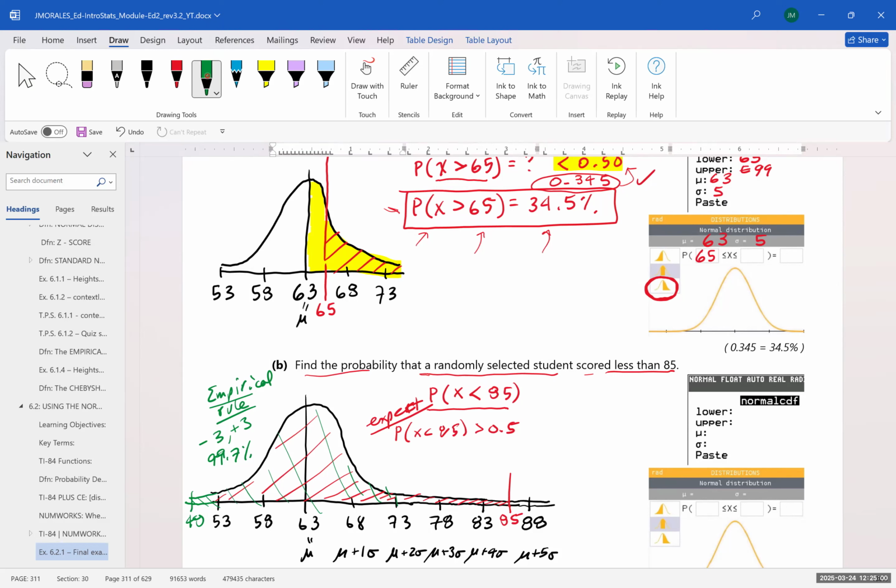So just between 3 standard deviations, we had an area of 99.7%. Well, our value of 85 is way out here, between 4 and 5 standard deviations away from the mean. So actually, this probability should be greater than even 0.997. It should be even larger than that.